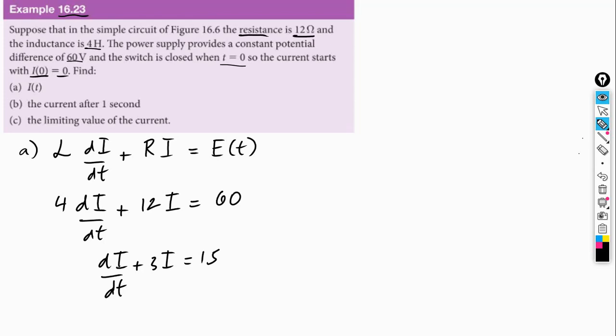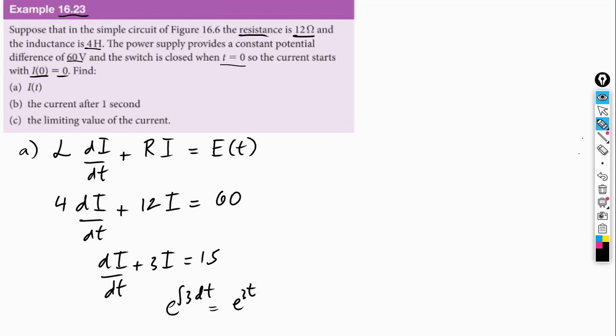Now the integrating factor is going to be e to the power of the integral of 3 dt, which is going to be e to the power of 3t.